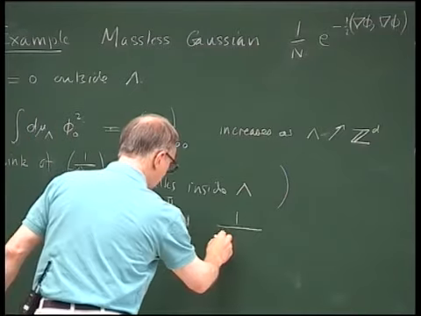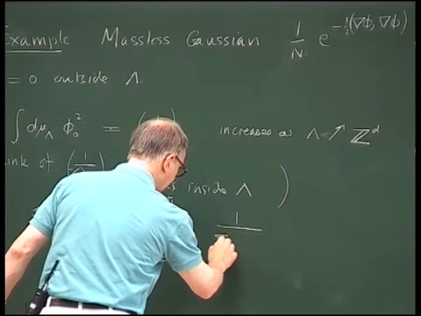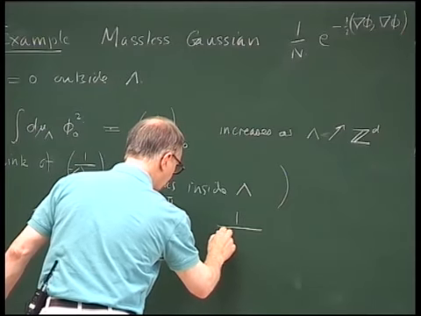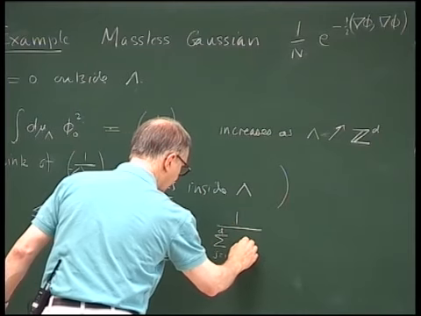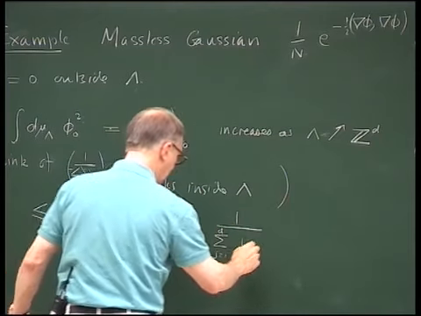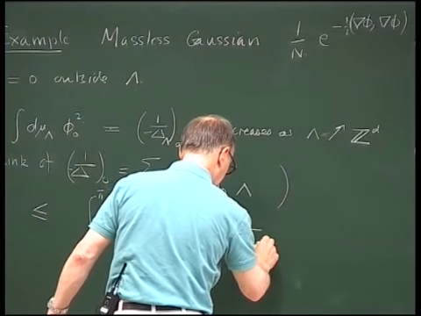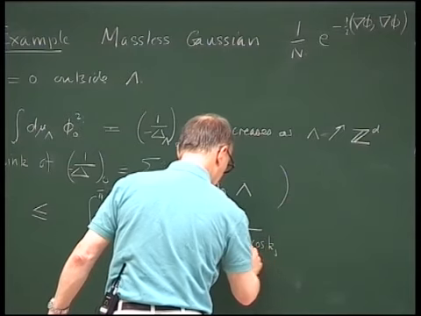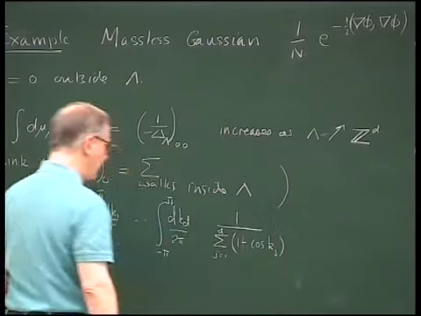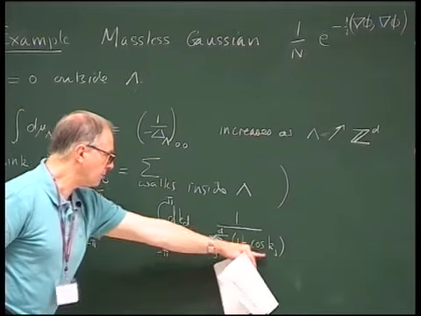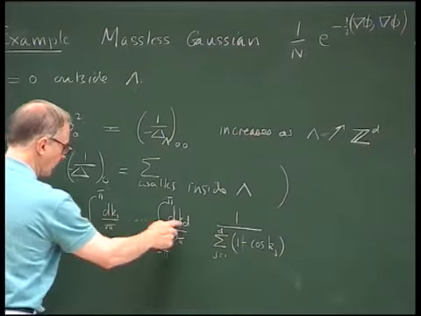And you might remember that he had some expression like the sum over j equals 1 to d of 1 minus cosine k sub j. And the j is labeling the components of the momentum, so it's the k1 to kd here.